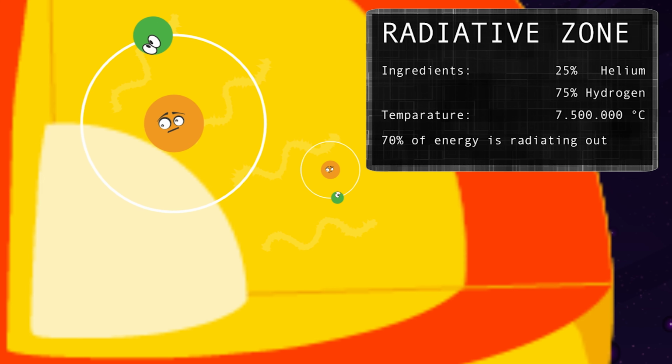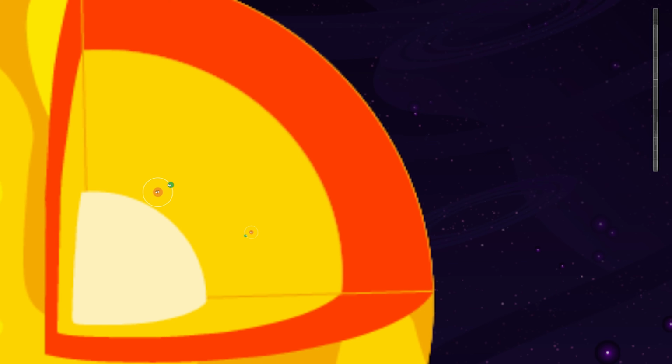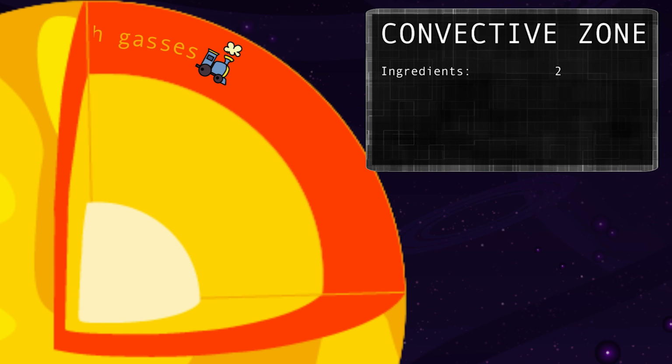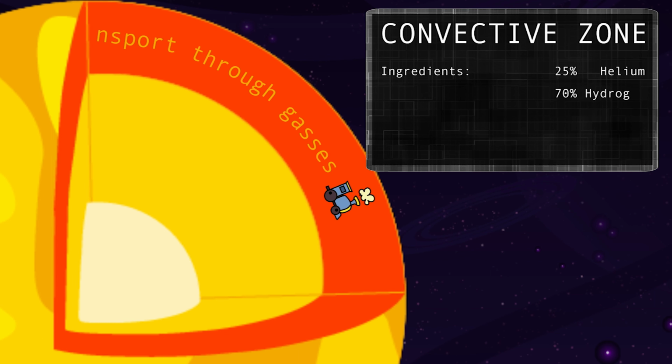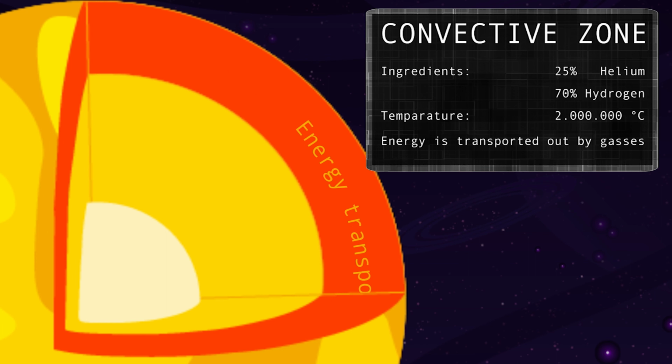Here we find loads of hydrogen. This is what researchers call the radiative zone. The outer layer, also consisting of hydrogen, is the convective zone. Here the heat is not radiating out anymore, but it's transported outwards by the gases of the layer.